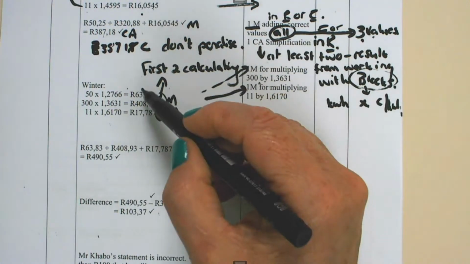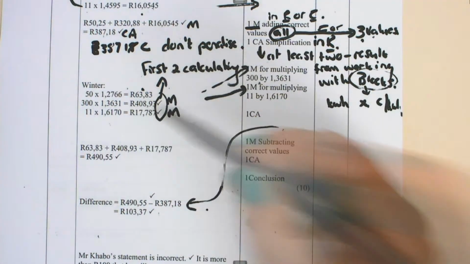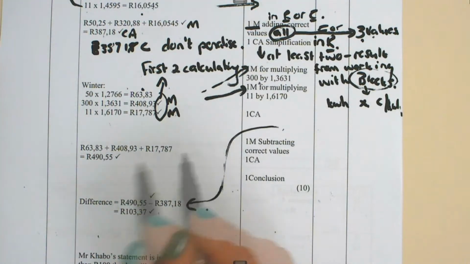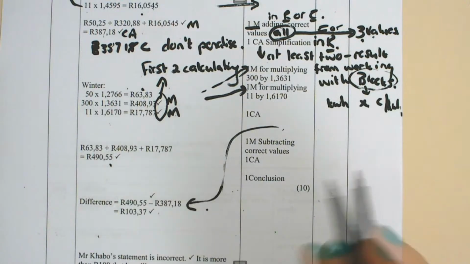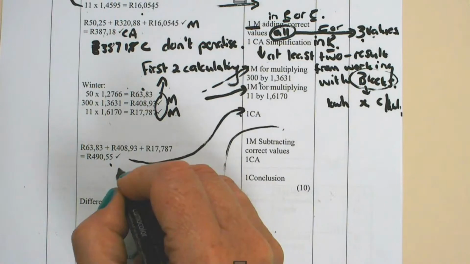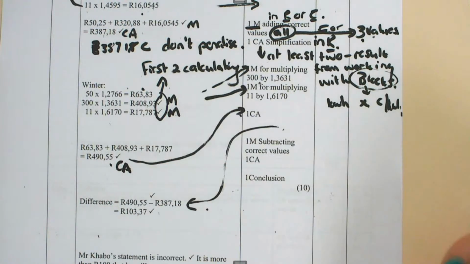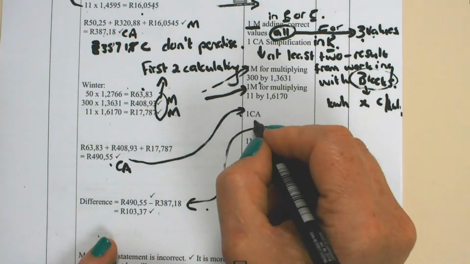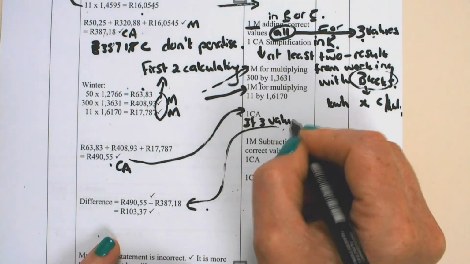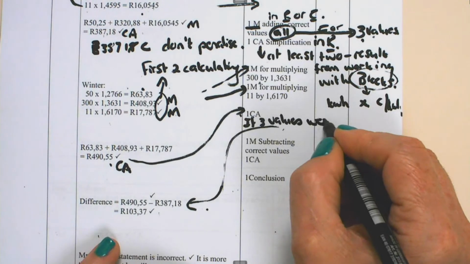You can give the method mark on any 2 of these which is done correctly. They are going to add the values, and they are going to get a value. Now this CA can only be given if 3 values were added.